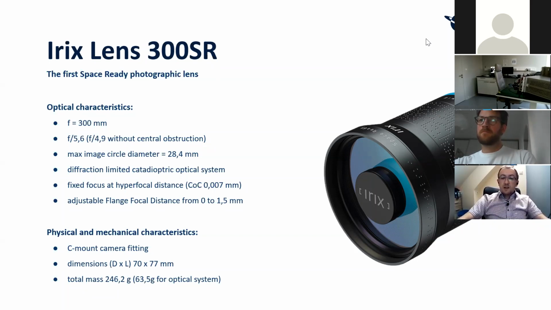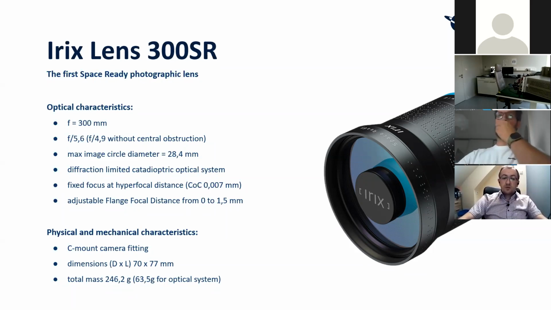That's why we tried to make a lens that will survive a wide range of temperatures and also work in the high vacuum of space. So there are no special features inside the lens that provide any kind of active calibration that would help us to change the focusing distances.